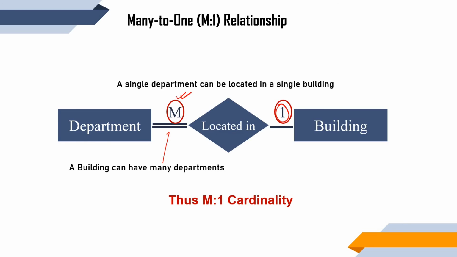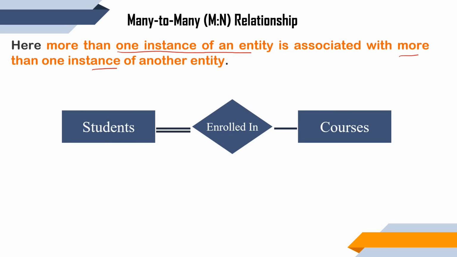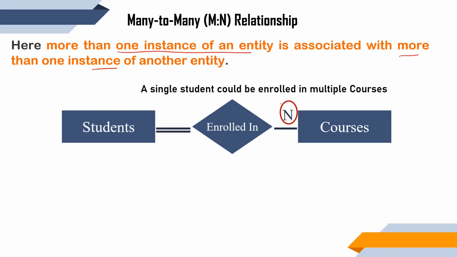Now we will see what the M to N relationship is. Here the definition is: more than one instance of an entity is associated with more than one instance of another entity. So it is called many to many. Like a single student will be enrolled in multiple courses, isn't it?